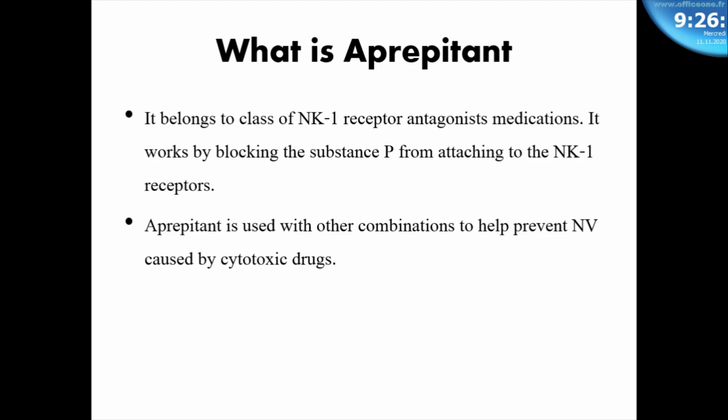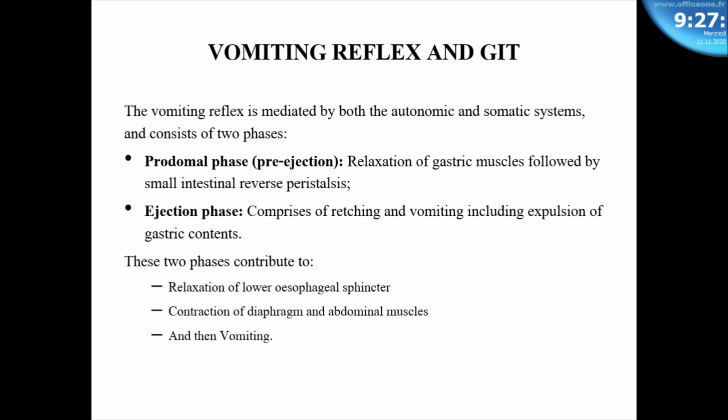Some of them are 5-hydroxytryptamine 3, dopamine 2, histamine 1, and cannabinoid receptors. It stimulates IVC, stimulated via the vagus nerve and the pharynx via the glossopharyngeal nerve, especially during gag reflex.